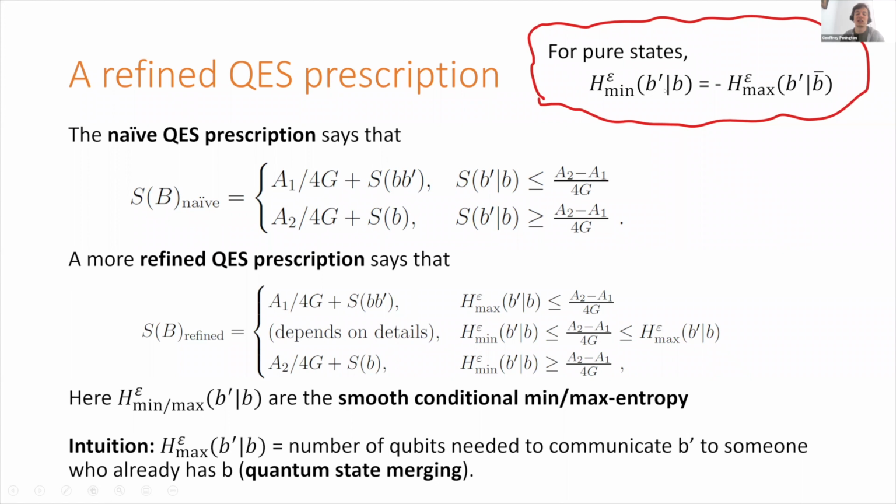So for a pure state, the conditional von Neumann entropy of little b prime conditional little b will be minus the conditional von Neumann entropy of this thing. In this case, it's min on one side and max on the other side. What that means is we can rewrite this thing as the conditional smooth max entropy of little b prime conditional little b bar being less than or equal to (A1 minus A2) over 4G.